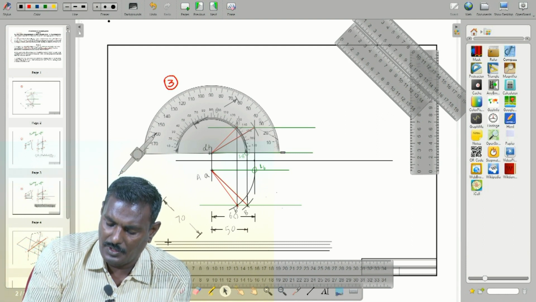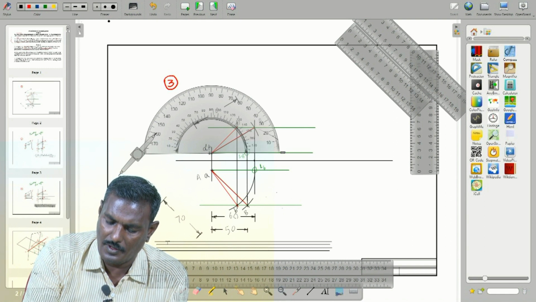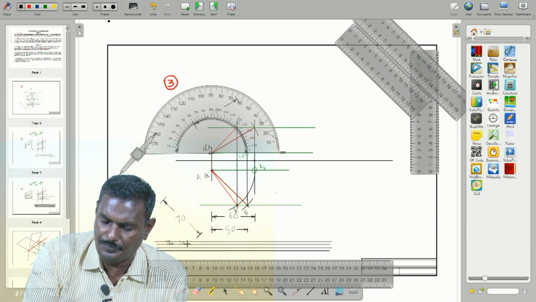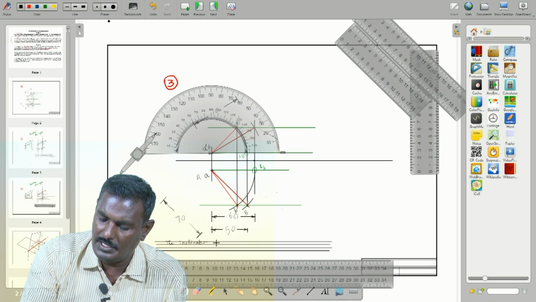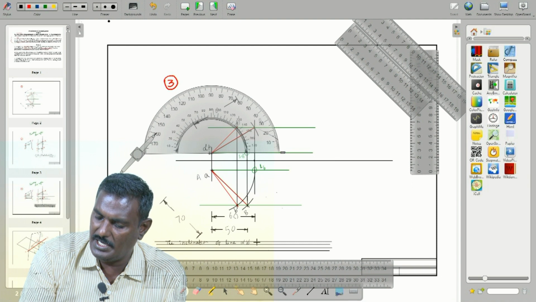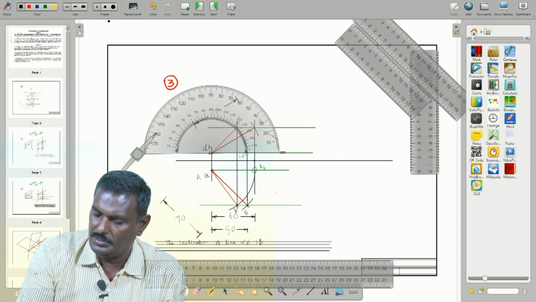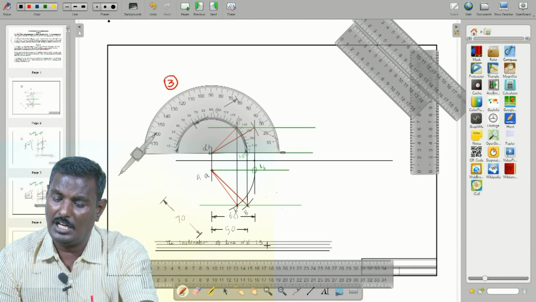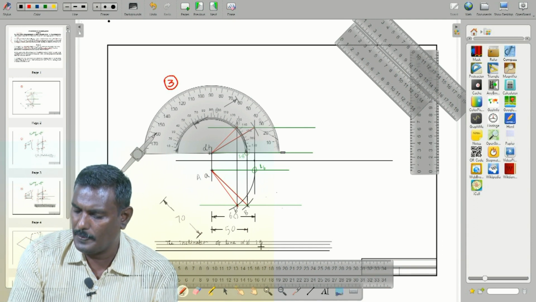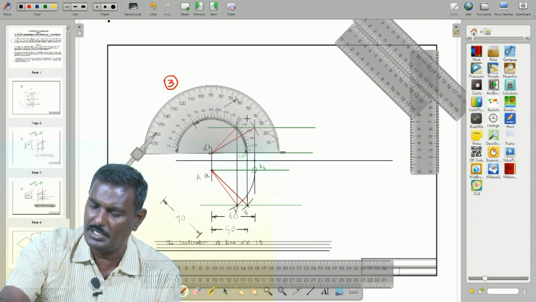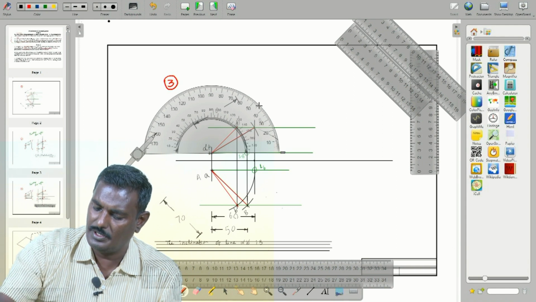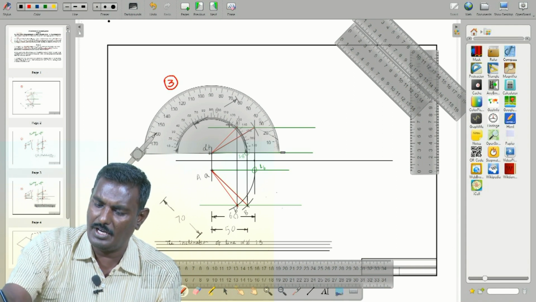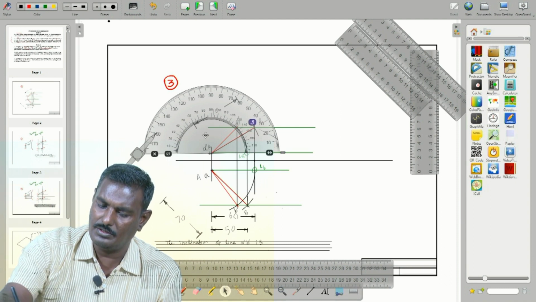So, here we have to write the inclination of line A dash B dash, which with respect to HP is around 42 degrees, but exactly here, it is measured. We have to reduce these scales, then we have to understand.